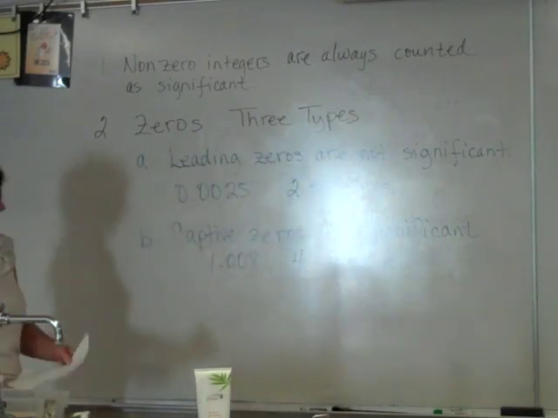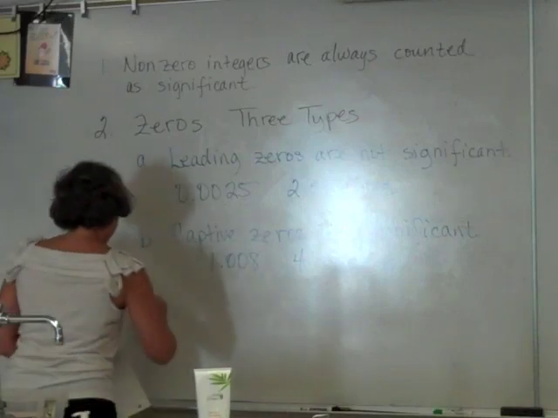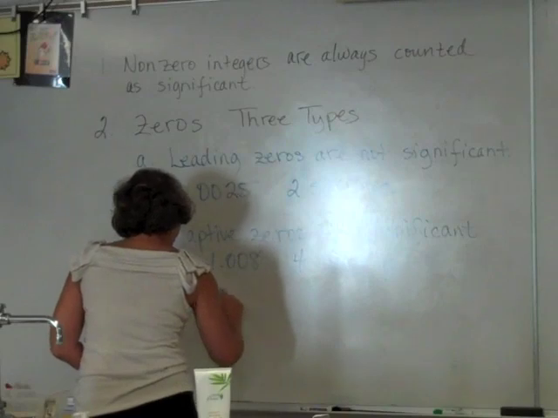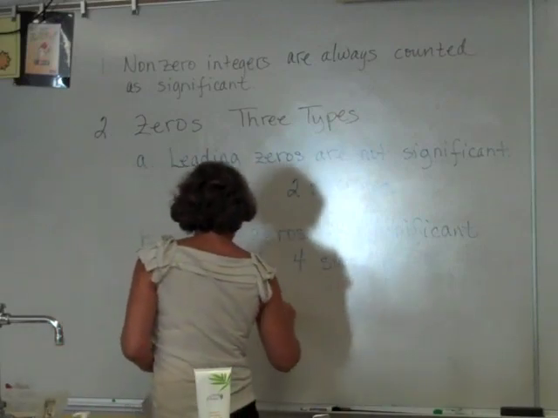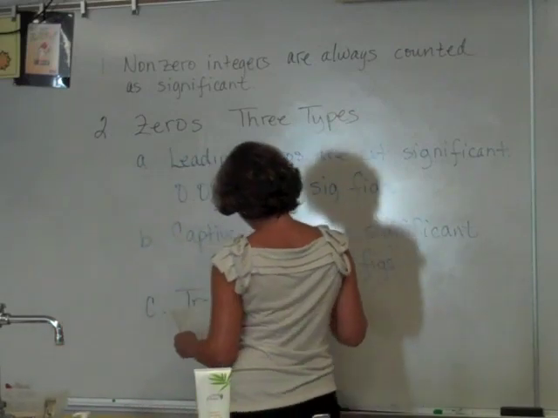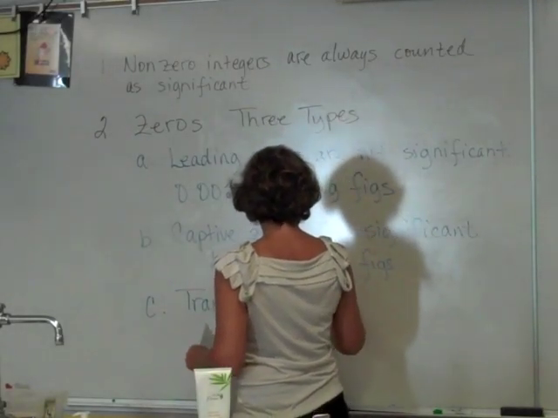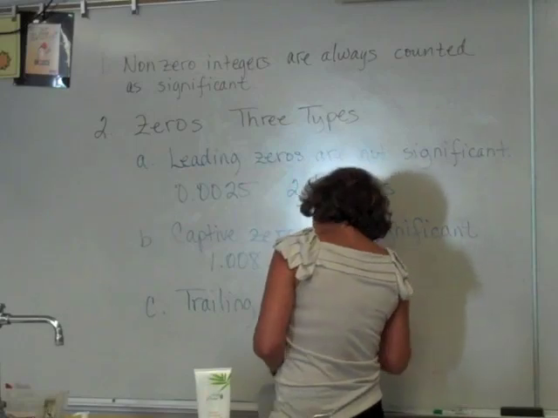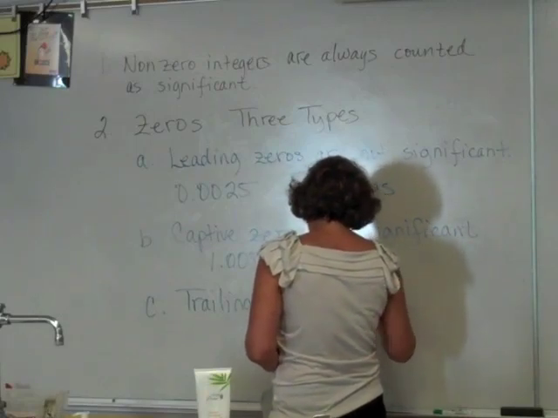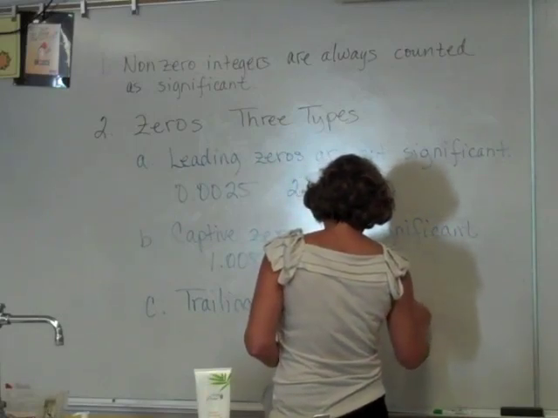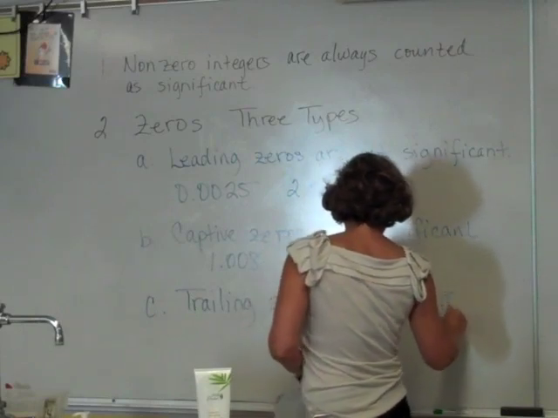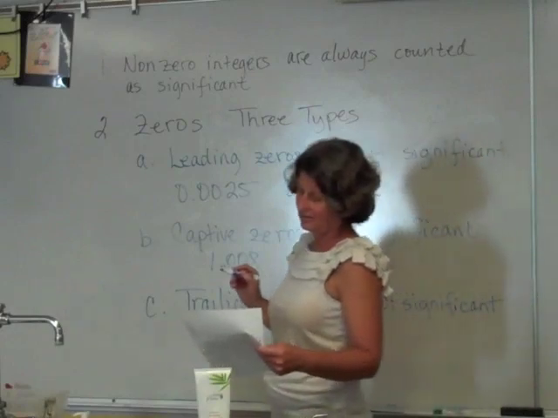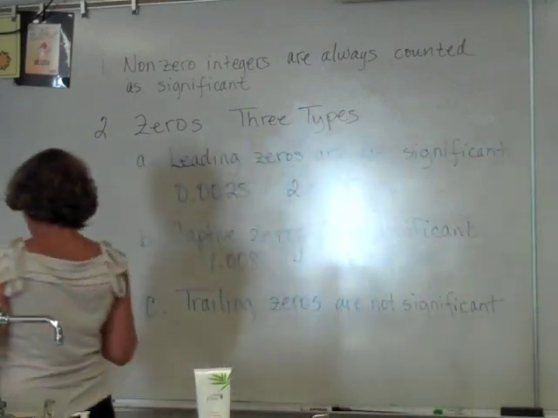And then last but not least, we have the trailing zero. Trailing zeros are not significant unless there is a decimal point.